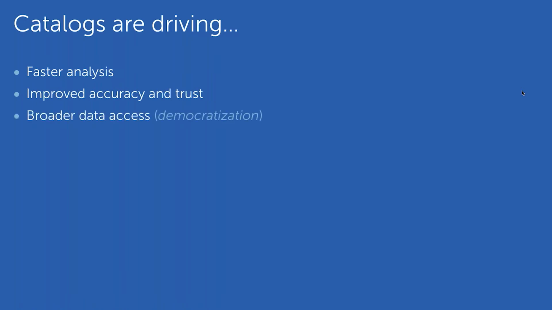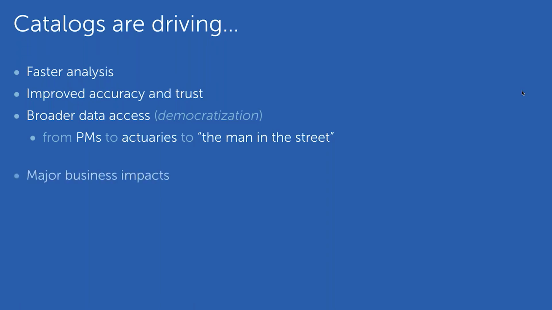A word we hear a lot is democratization, as being a goal unto itself and one that helps with business results. That broader access ranges from product managers at eBay to actuaries at Munich Re to lay people, the man in the street, people at home on their computers with the Streets SD app or similar things happening in different organizations.